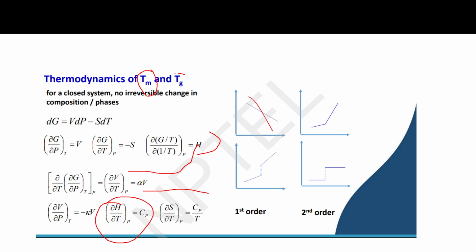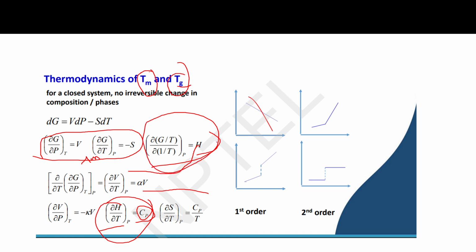It is given by this Cp value, which is due to the Tg, the second derivative of Gibbs free energy. In a first order transition, like for the Tm, the state is changing. When there is no change in state, it is the second order Gibbs free energy, which is called the Tg.